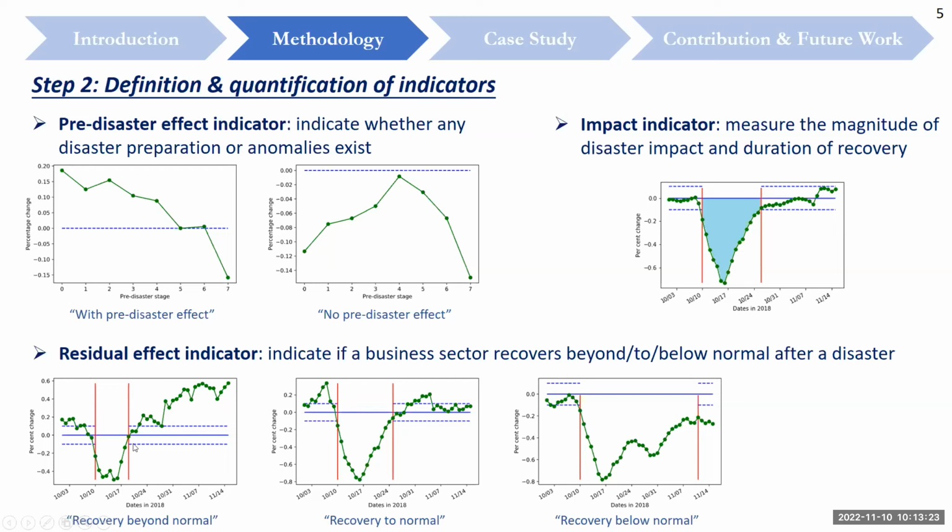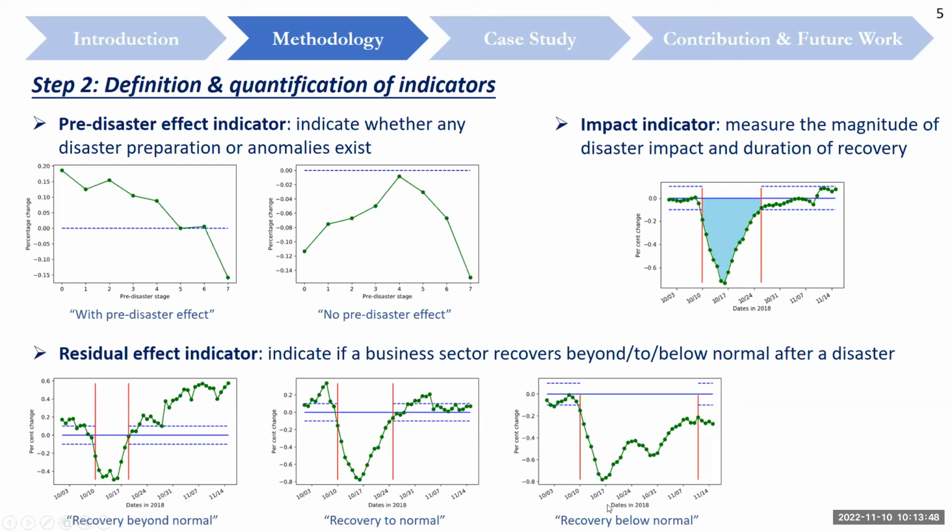So in this figure, we can see that it's constantly higher than before. The second possibility is recovery back to normal, which means it has some fluctuation, but it's within plus or minus 10% of the previous visitation level. And the last possibility is recovery below normal, which means it never comes back to the previous visitation.